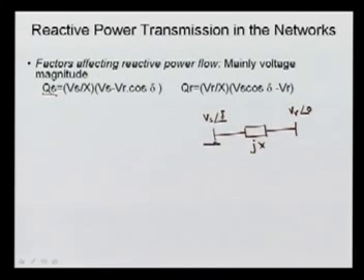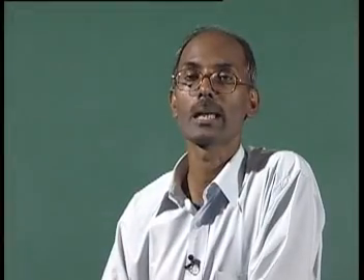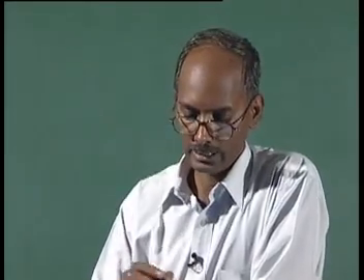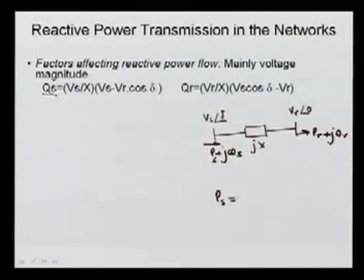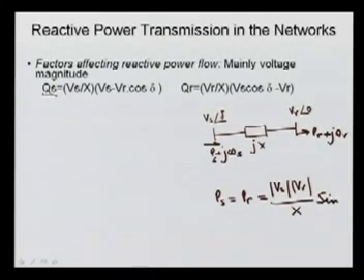This is the sending end with P plus jQ, and at the receiving end we are getting Pr plus jQr. So Ps and Pr will be equal because there is no loss. Here I have assumed this line is lossless, and then Ps will be equal to Pr, equal to Vs magnitude times Vr magnitude divided by X sin delta.